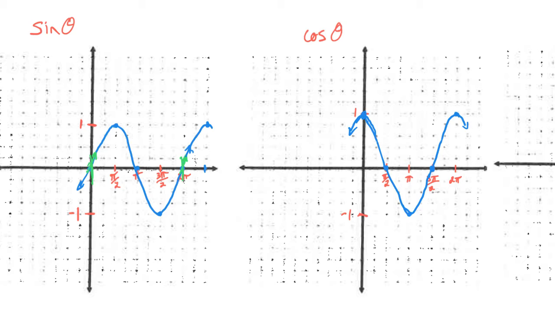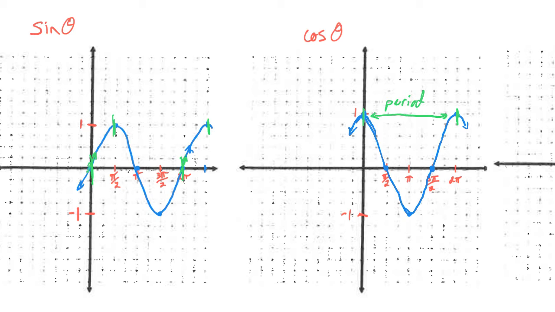So there would be another period from the peak to the peak. So every common point is one period. In the cosine, you see a peak to a peak. So that's one period. The distance that it takes to repeat itself is the period. So just whenever it starts over.